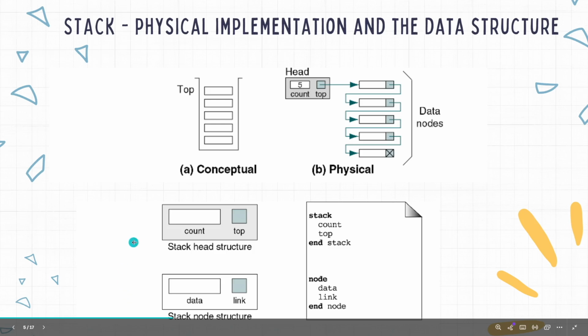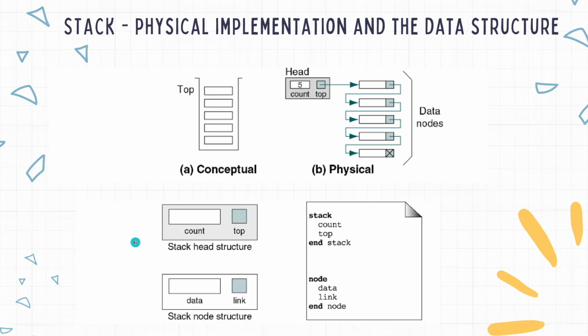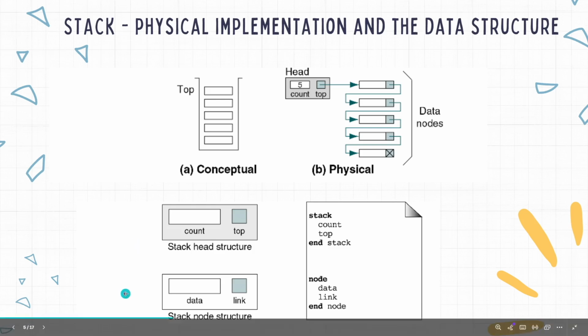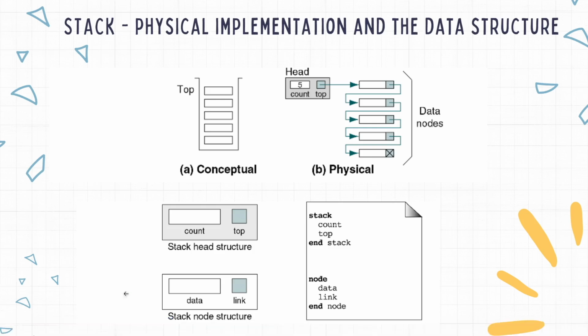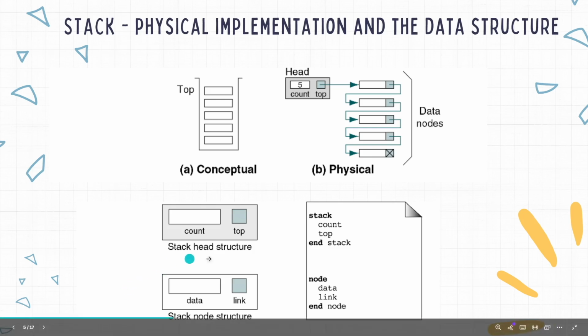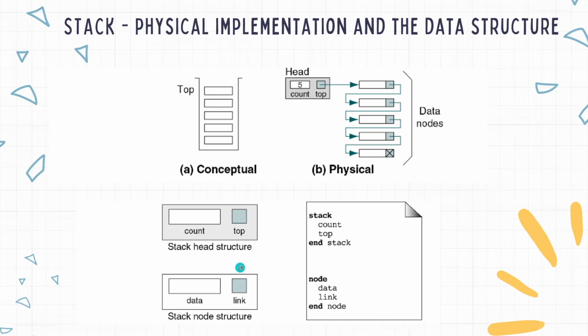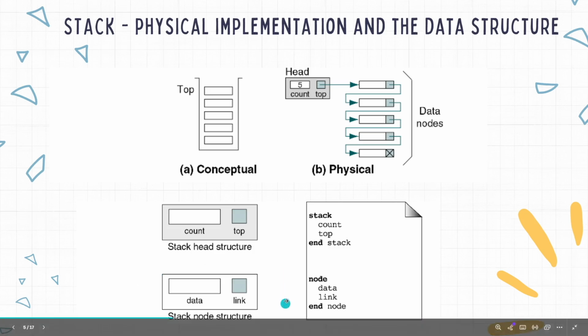So, here we have 2 structures, one for denoting the head and another for denoting every node. The structure for denoting the node is same as what we have learned before, one portion for storing data, another portion named link for storing the address of the next element. So, this node structure is the same as we have learned before for single linked list.